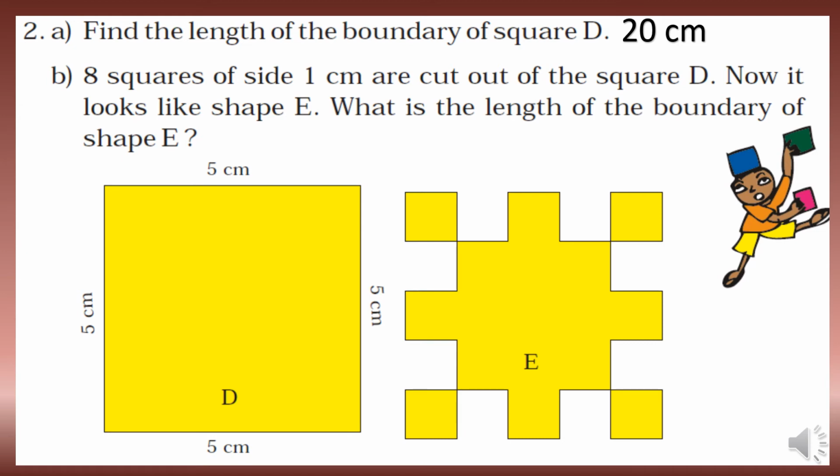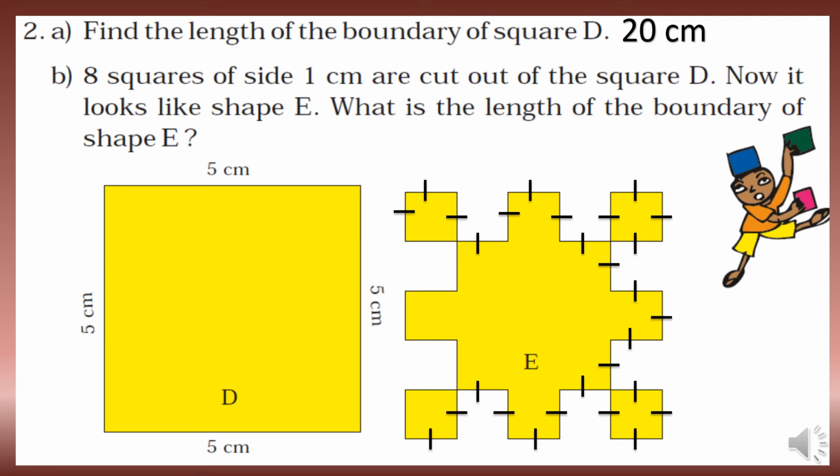So let us find out the length of the boundary. 1 2 3 4 5 6 7 8 9 10 11 12 13 14 15 16 17 18 19 20 21 22 23 24 25 26 27 28 29 30 31 32 33 34 35 36. So there are 36 centimeter in shape E.